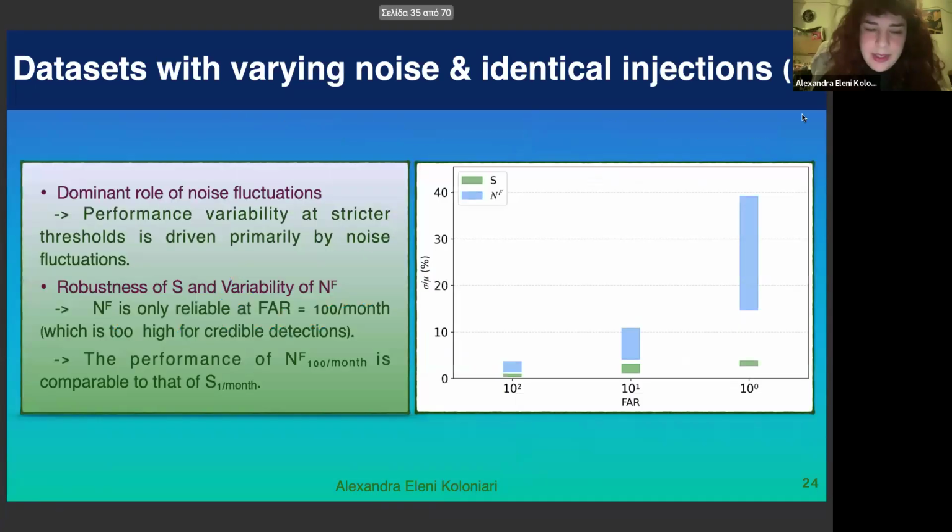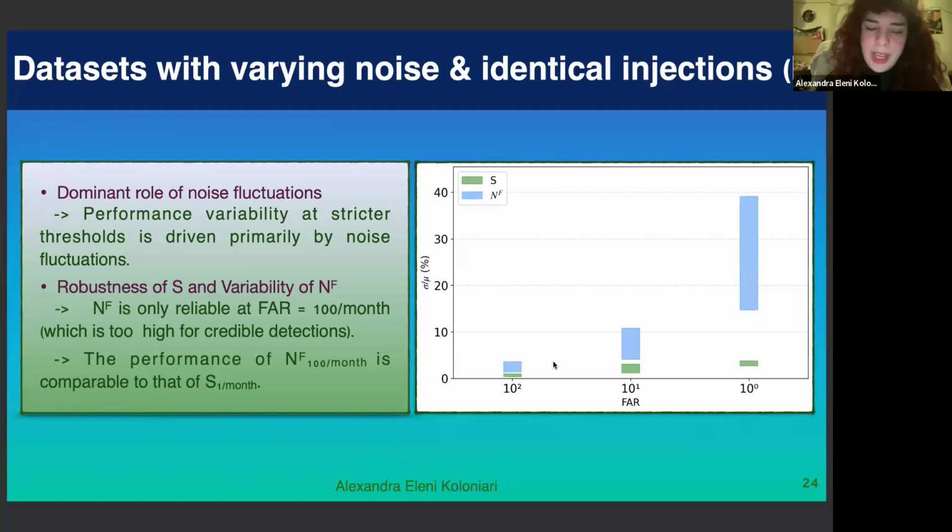So, what are the results here? Basically, we do notice that there is a dominant role of noise fluctuations, especially at lower false alarm rates. And we also see that the number of detected injections isn't as reliable at a false alarm rate of 1 per month. And that is also apparent in the figure here. You can see the coefficient of variation versus the false alarm rate, and you can see how big the interval is.